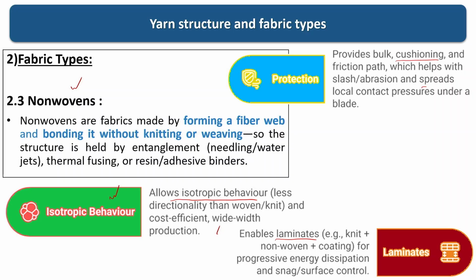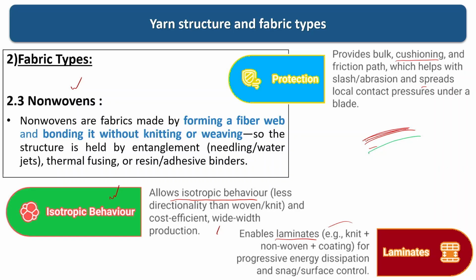So, we can use knit plus non-woven plus coating. This type of multi-component protection we can use. So, knitted or woven can give the protection, and the non-woven can give the cushioning, and it will delay the cutting process.